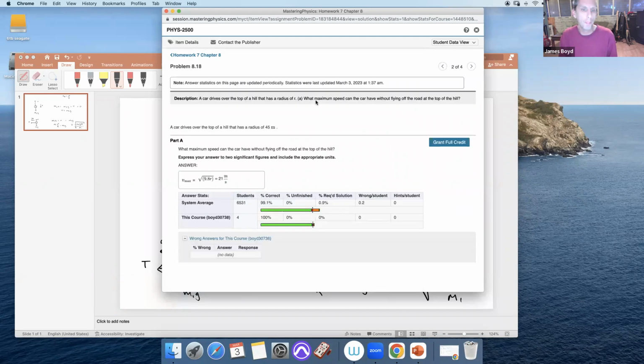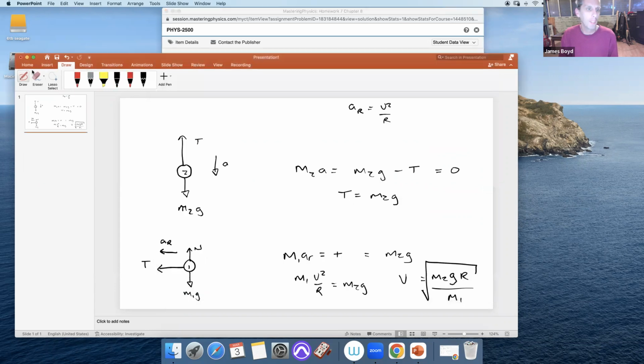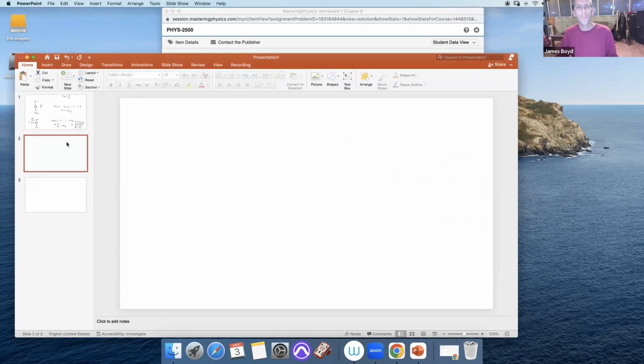All right. Now, if we go back to these and we remember that when a car goes over a hill, we assume that it's trying to move in uniform circular motion around the hill. So we look at a free body diagram. It has to have a normal force up because it's on the surface.